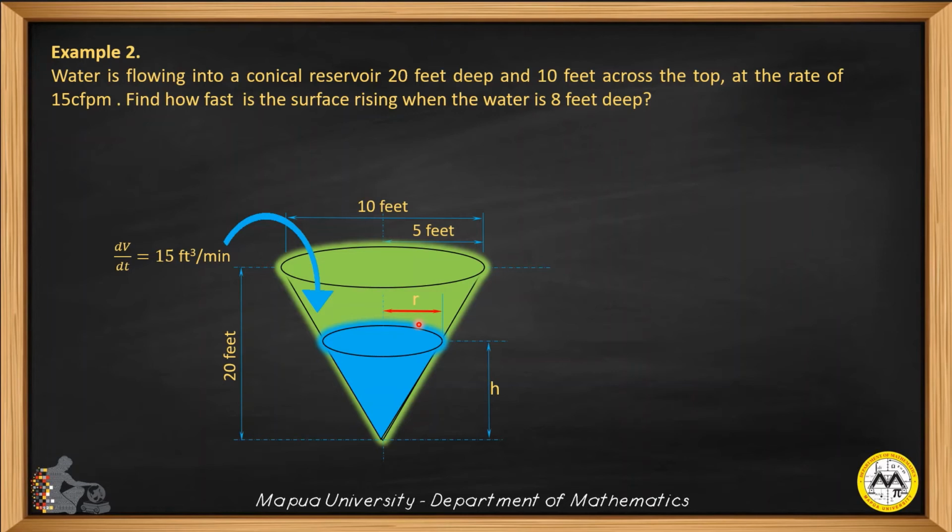Okay, so this problem is concerned with how fast the surface of the water is rising. Now remember, if we pour water in the tank, this upper portion here representing the surface of the water would also be going up over time. So how fast the surface is rising would be as fast as the depth is increasing.